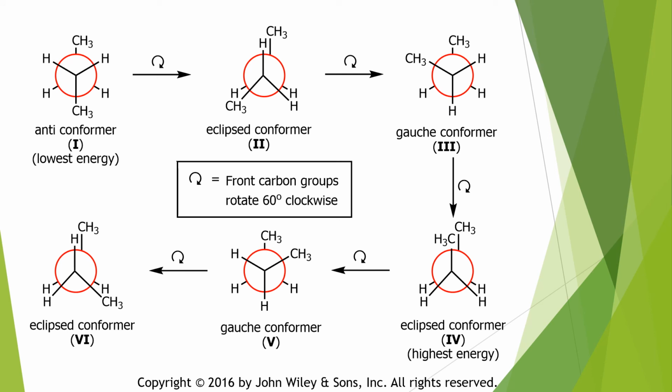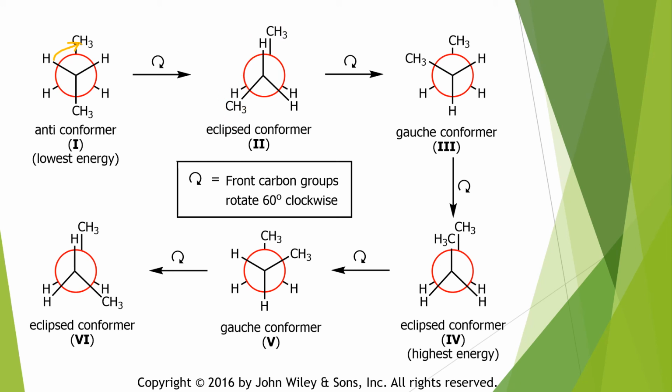So here are several different conformations of butane. This is what's called the anti-conformer because the 2 largest groups are opposite each other. This is a subset of staggered conformations. If you rotate these front groups 60 degrees, you end up with an eclipsed conformer where the methyls are eclipsing hydrogens.